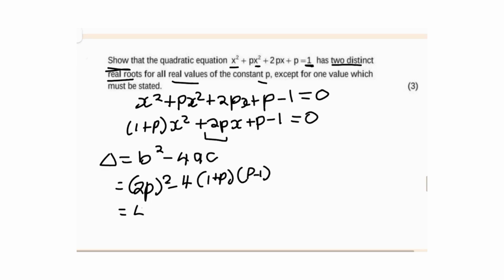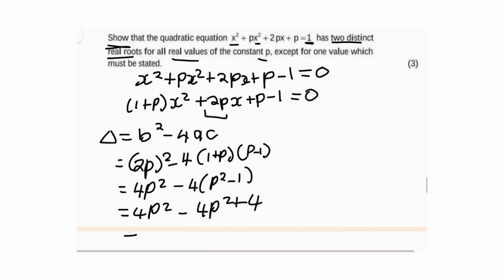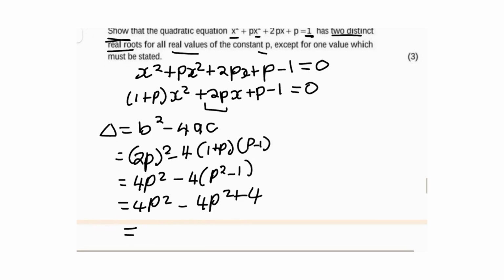2p squared is going to be 4p squared, minus 4. I'm going to FOIL 1 plus p, p minus 1. That's the difference of two squares, so it's going to be p squared minus 1. And I now have 4p squared minus 4p squared plus 4. So the p terms cancel and they're going to be 0.